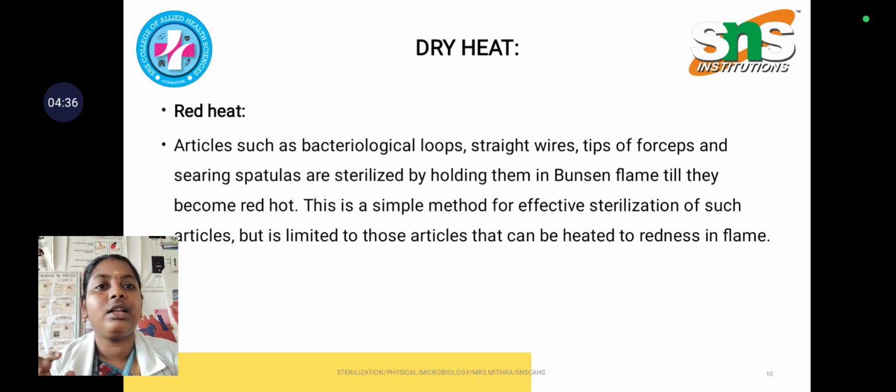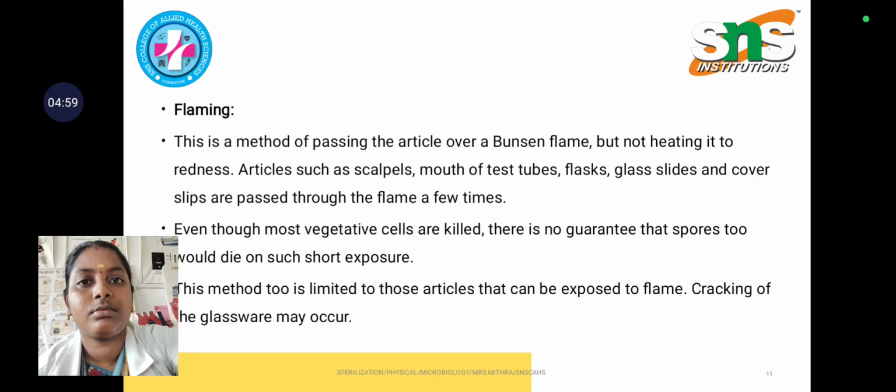For example, bacteriological loops, that is inoculation loops, straight wires, and the tips of forceps and spatulas are sterilized till they become red hot. It is a simple method for effective sterilization, but it is limited to those articles that can be heated to redness in flame.